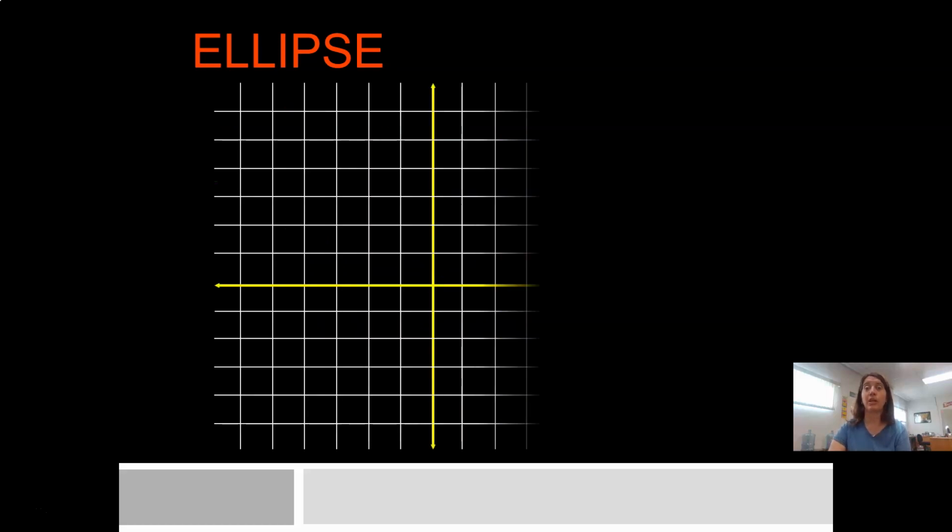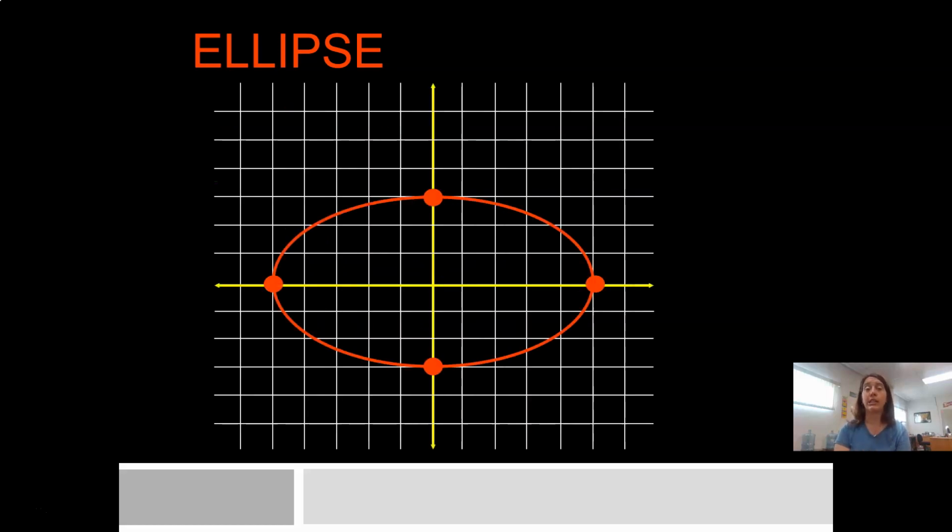Okay, so let me show you what the picture looks like here. I've got my Cartesian plane. You should have a sheet of graph paper in your work packet this week, and you can write this example down, and you have it for when you do your questions as well. Notice on the x-axis, the major axis, I went 5 spaces to the right, and I went 5 spaces to the left. That's the longer of the two axes that we had on this question.